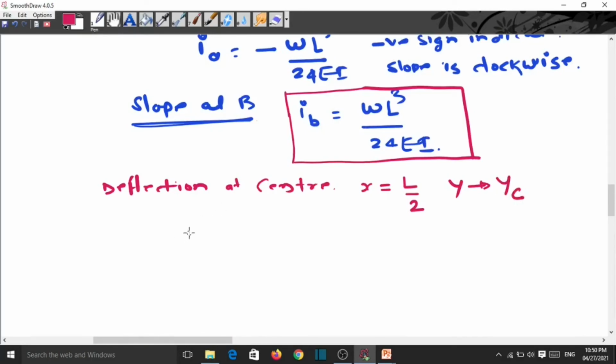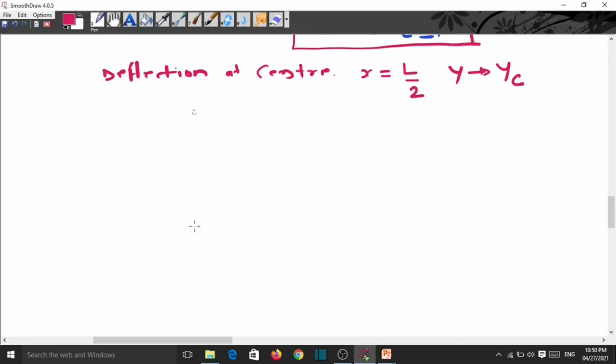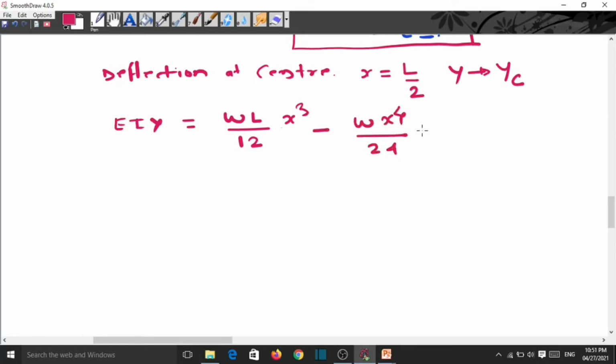So first we write here the deflection equation, that EI y is equal to WL by 12 into x cube minus W x raised to power 4 by 24 plus C1 x plus C2.